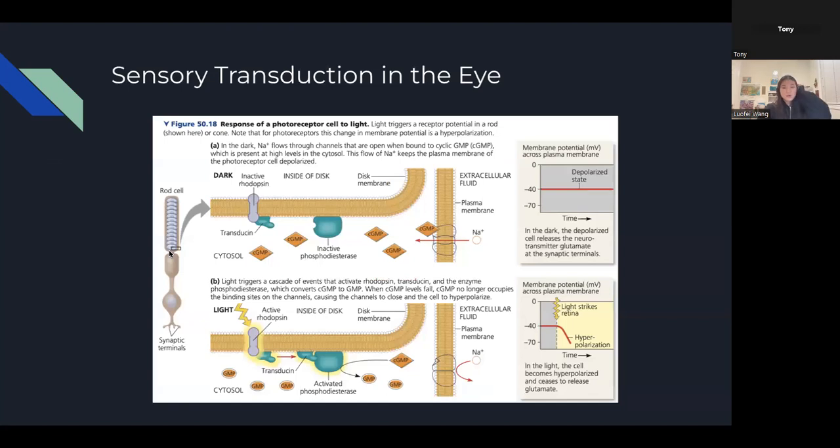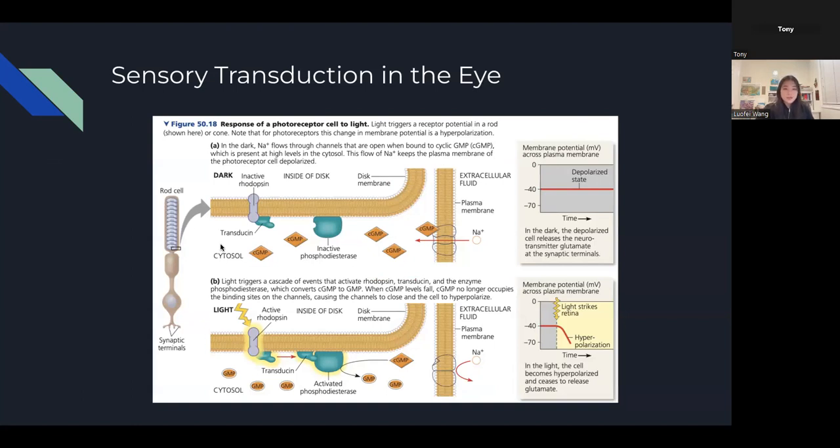Okay, so here's the sensory transduction in the eye. So the light will hit the photoreceptor. That's going to change the cis-rhodopsin to trans-rhodopsin. That's going to activate a G protein.